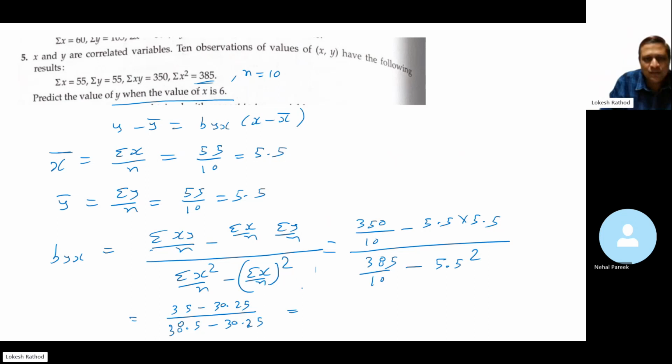Yes, that's equal to 35 minus 30.25, which is 4.75. The denominator is 38.5 minus 30.25, which is 8.25. Okay, fine. So you just simplify this, what do you get? b yx. Keep it in fraction form only, a simplified fraction.